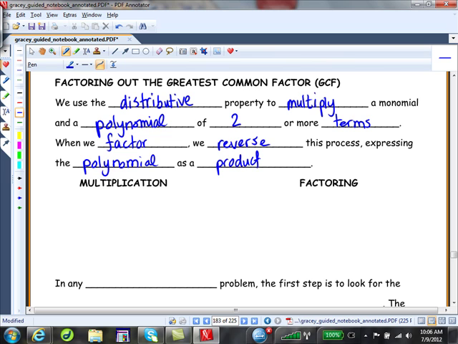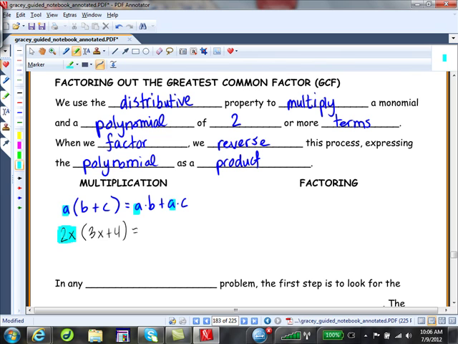Okay, so let's take a look. Remember, the distributive property, we're using A times quantity B plus C, and that was equal to A times B plus A times C. Let's look at an example. Let's say that we had 2x times 3x plus 4.